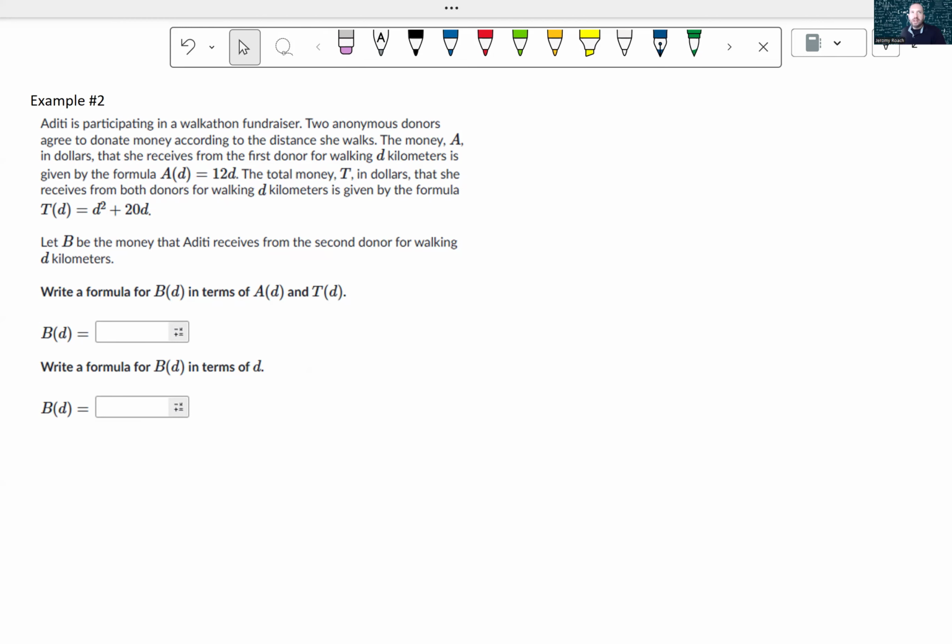Let B be the money that Aditi receives from the second donor for walking D kilometers. So let's define what these equations mean. A of D is the first person donating, and T of D is the total donated.